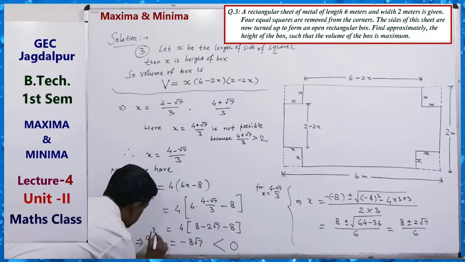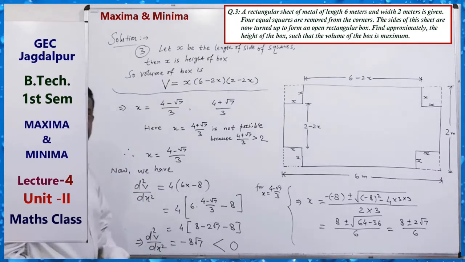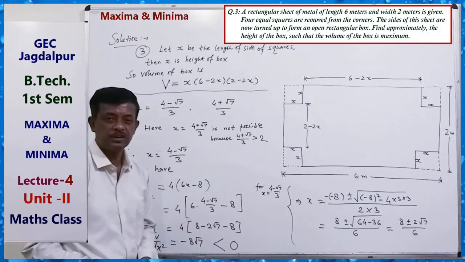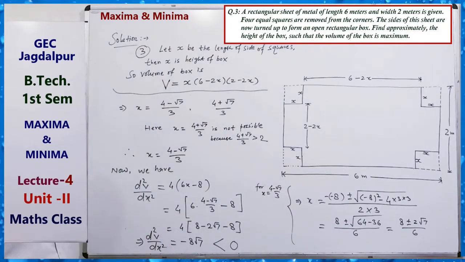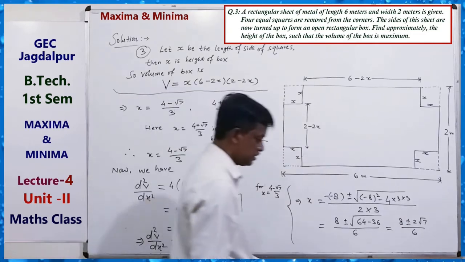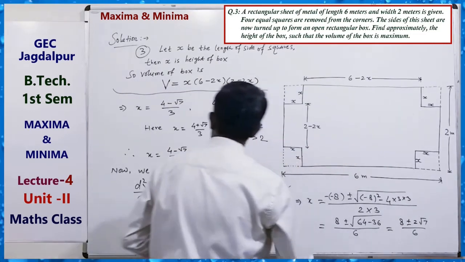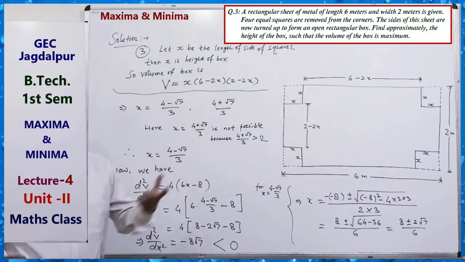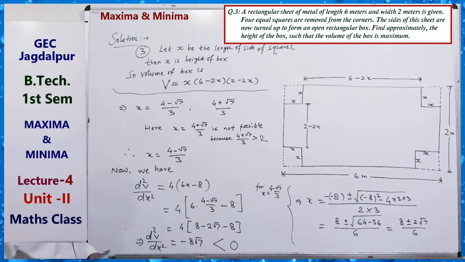The second derivative is negative, minus 8 root 7. Okay. So the second derivative is negative. That means volume is maximum.